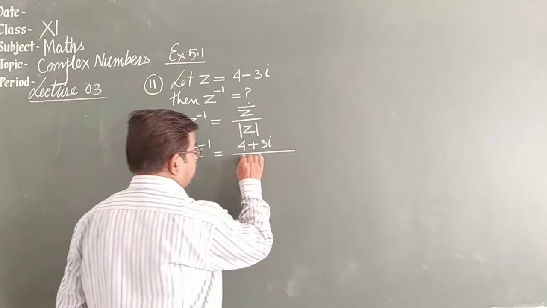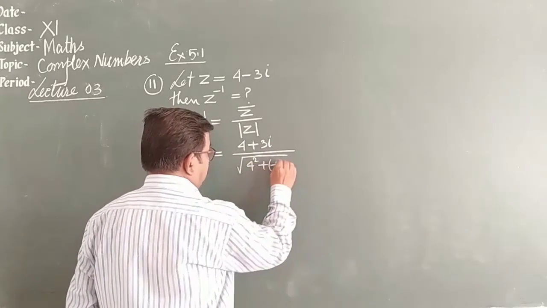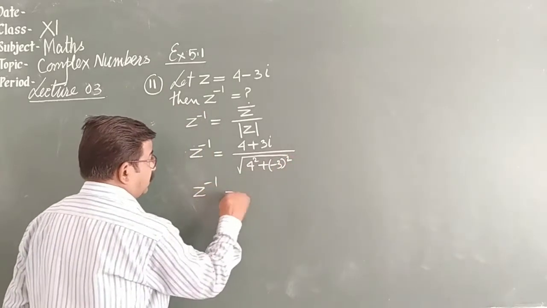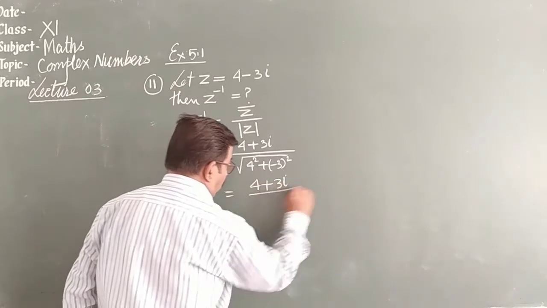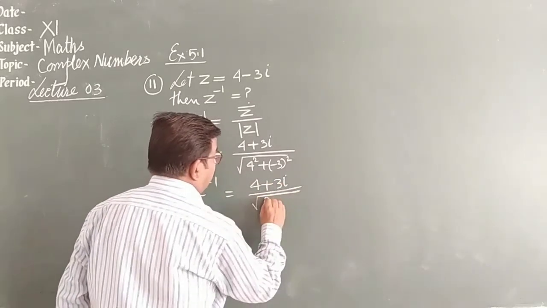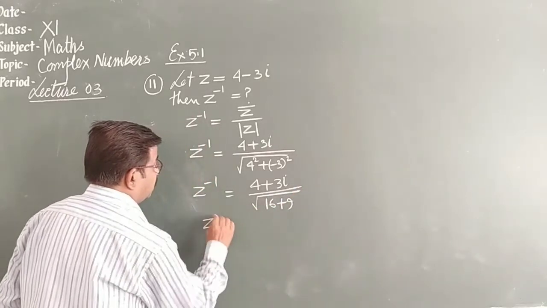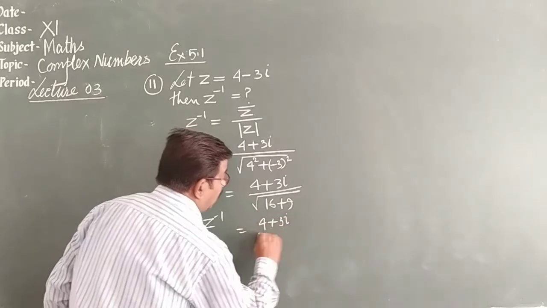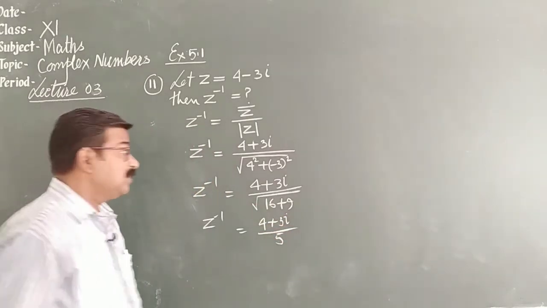So 4 square plus minus 3 square. So z inverse is equal to 4 plus 3i upon under root 16 plus 9, which is 4 plus 3i upon 5. 16 plus 9 is 25, its square root is 5.